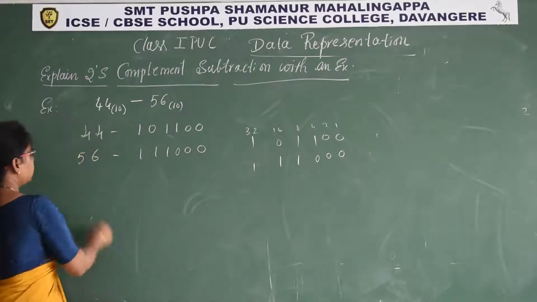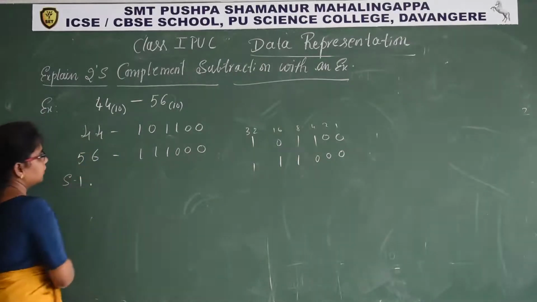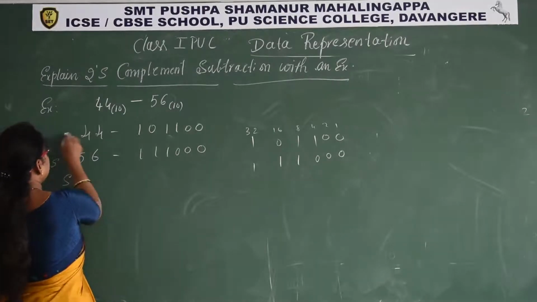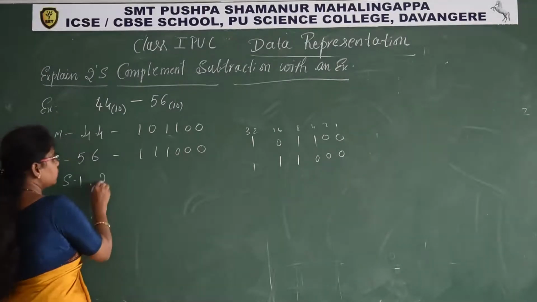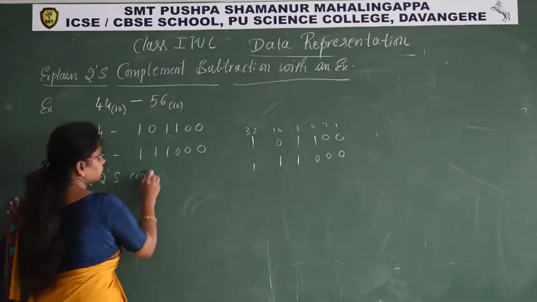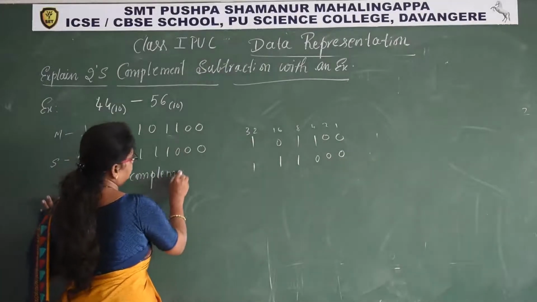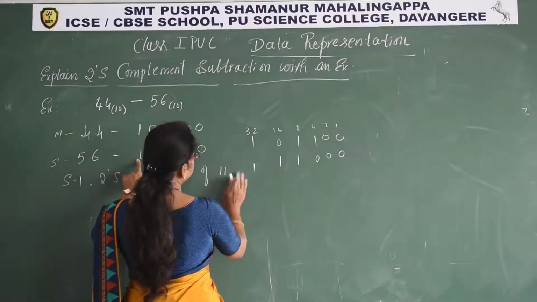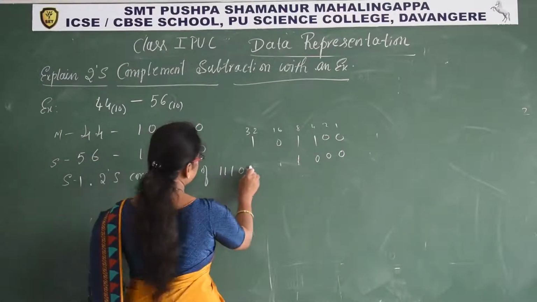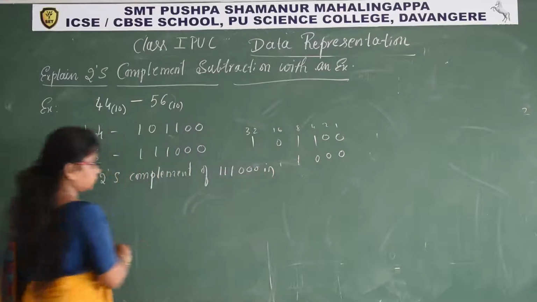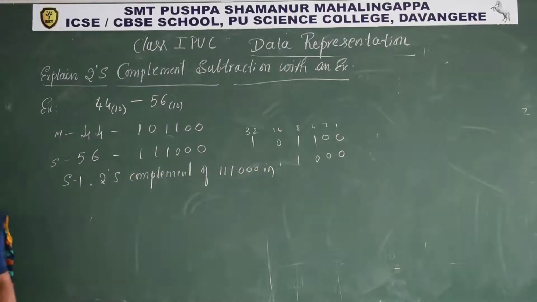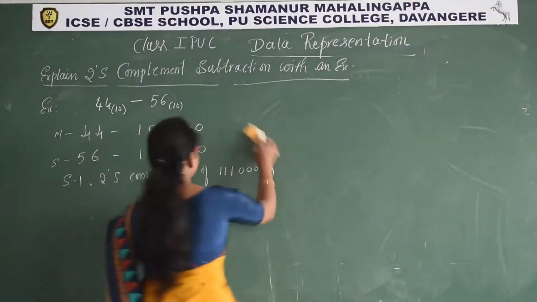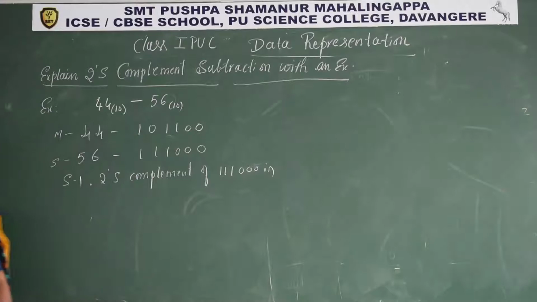Now, according to the rule, step 1, 2's complement of the subtrahend. This is the subtrahend and this is the minuend. 2's complement of 111000. How to take 2's complement of a given number: first we have to take 1's complement, then we add 1 to the least significant bit of the result.